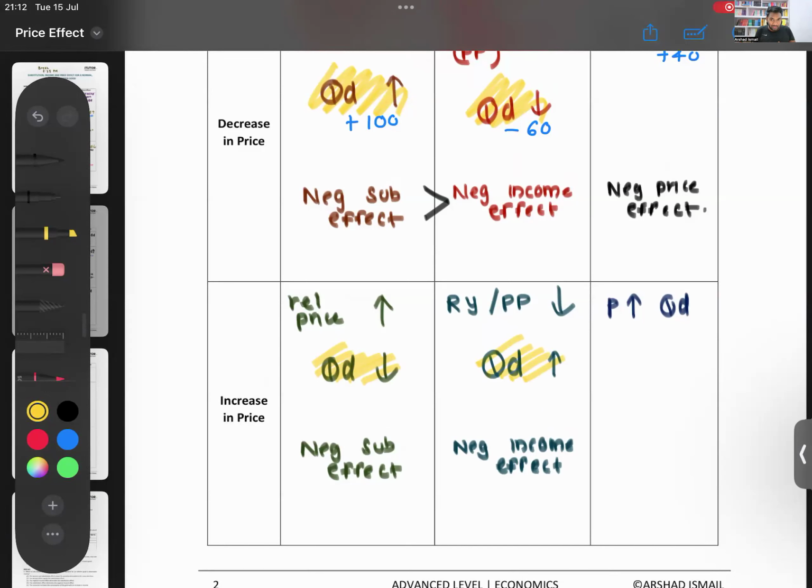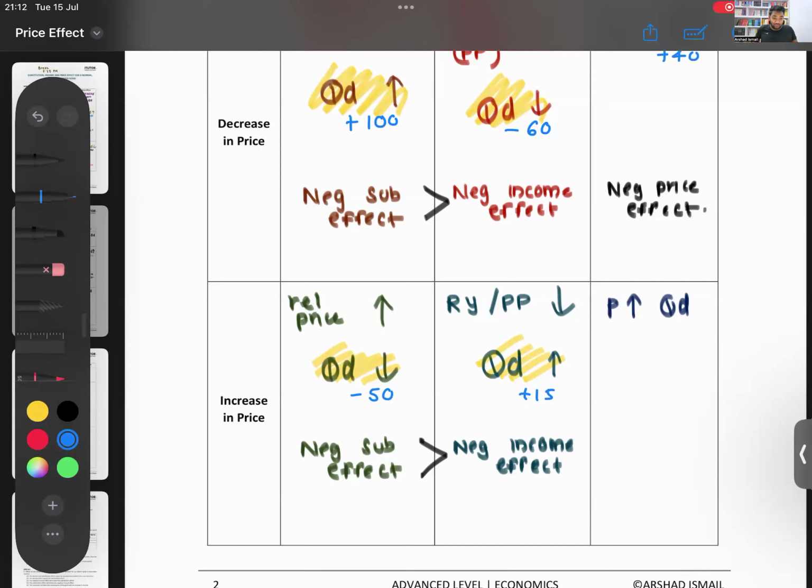But which is more dominant? I told you, for an inferior good, the negative substitution effect is powerful. So if I give some numbers, substitution effect is saying QD will fall by 50. Income effect is saying no, QD will increase by, let's say, 15. So overall, what will happen?